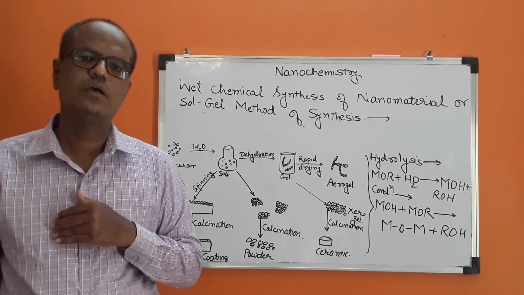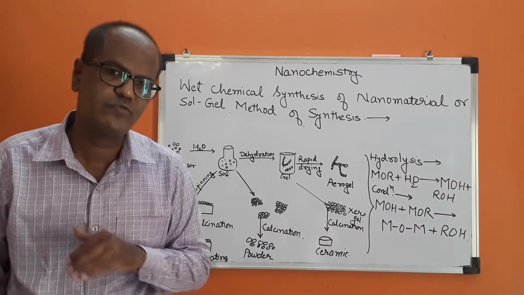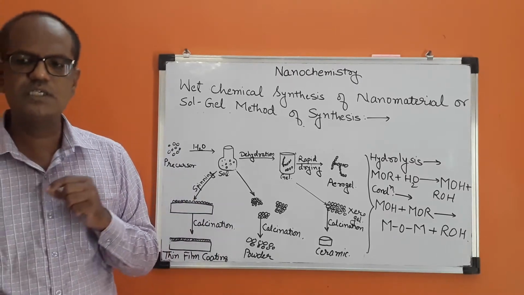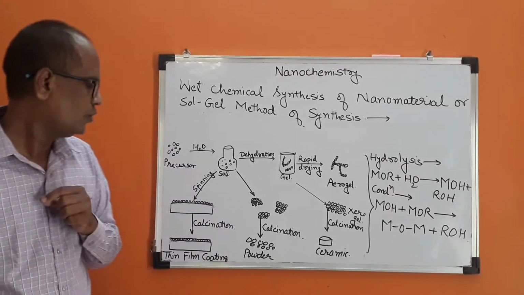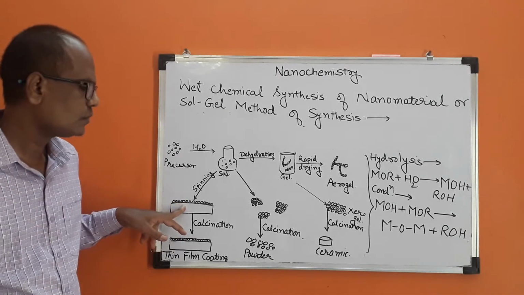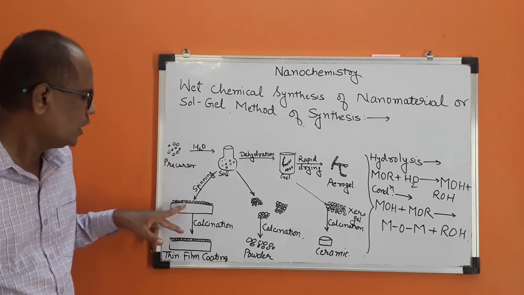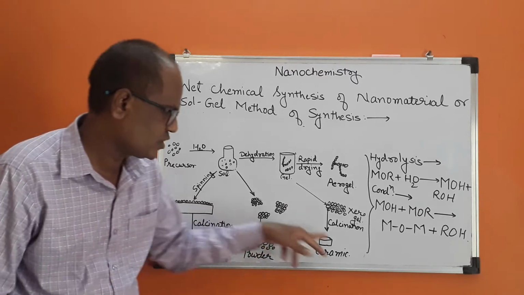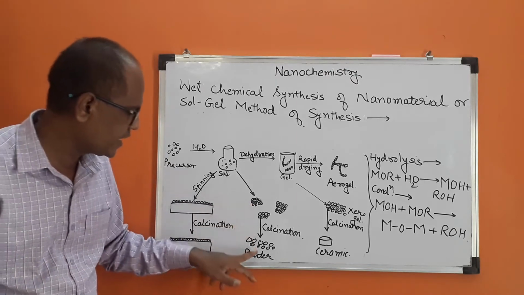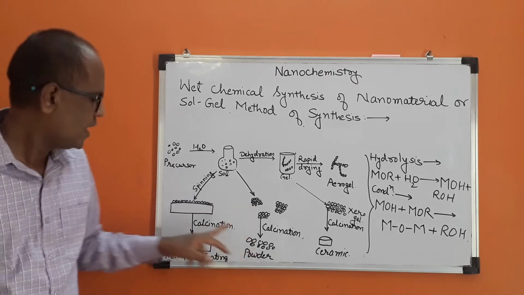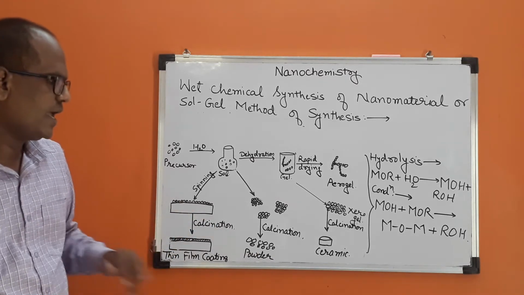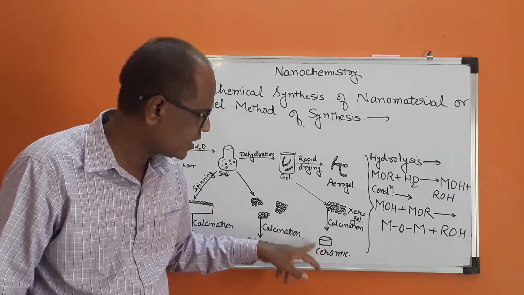Calcination is nothing but heating of the substance at a high temperature. If the substance is heated at high temperature, then it gives you nanomaterialized substance in different forms. At this place we are getting powdered nanomaterial, here we are getting thin film coating on a surface, whereas here we are getting ceramic material.